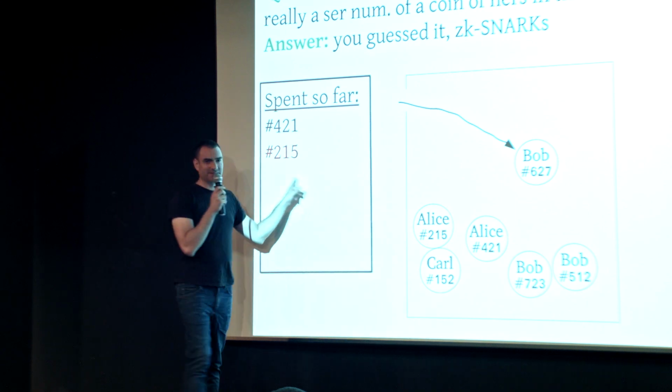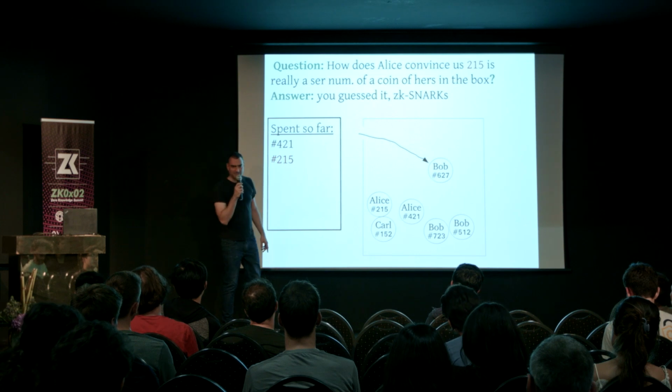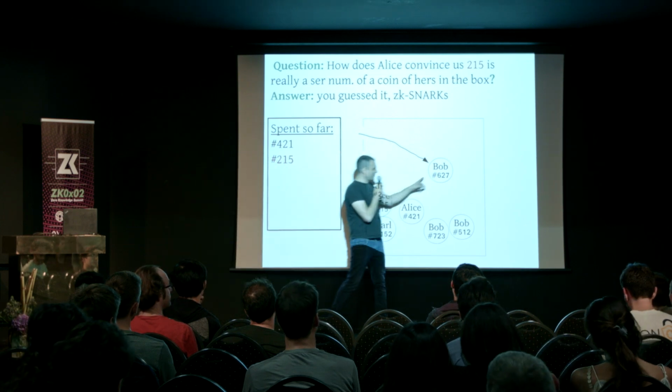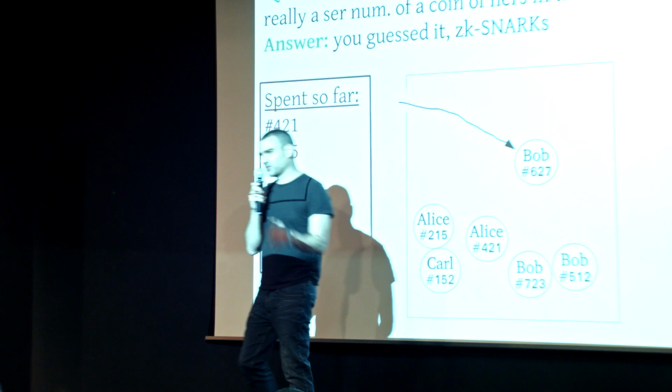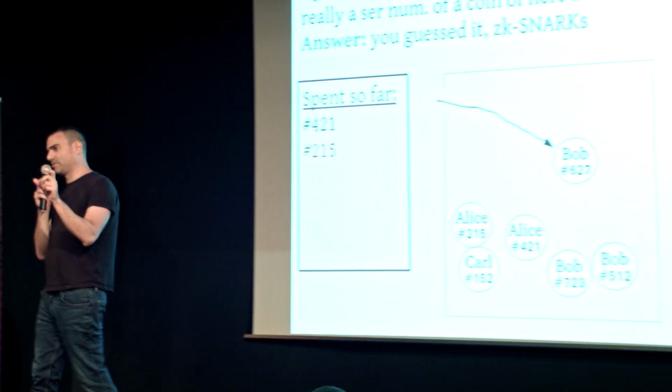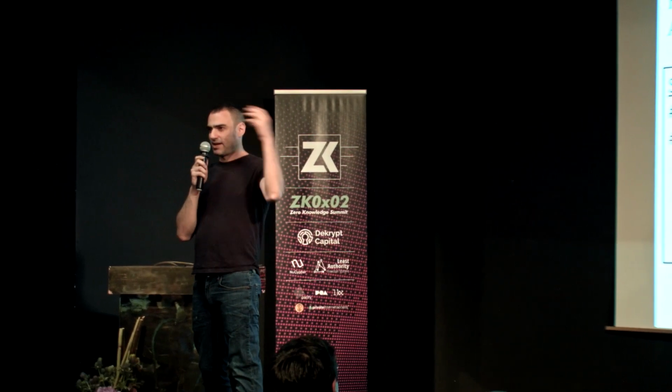And when Bob spends it and writes 627, Alice will know Bob spent her coin. In the real Zcash protocol, only Bob knows this 627, because this 627 is actually going to be some combination of Bob's secret key and the coin.